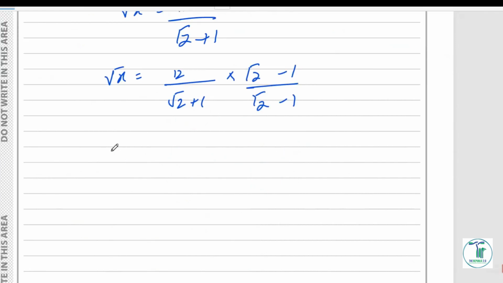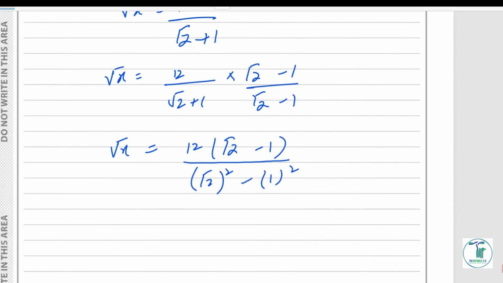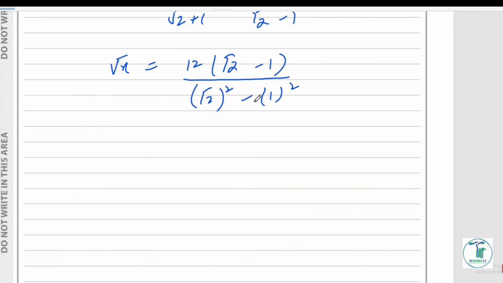And now I must be having under root x is equal to 12 times under root 2 minus 1 divided by under root 2 square minus 1 square. Under root 2 square is 2, 2 minus 1 has to be 1. So under root x eventually comes out to be 12 times under root 2 minus 1.